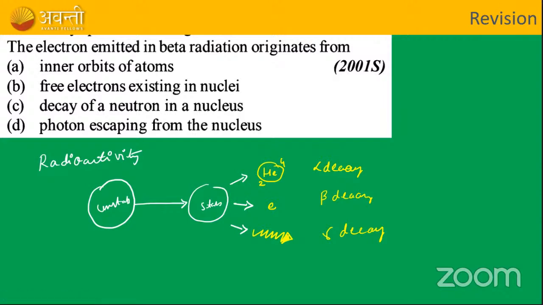The electron emitted in beta radiation originates from... will it come from the inner orbit, or from free electrons existing in the nuclei, or from a neutron in the nuclei, or from a photon? You can guess it very easily here. Come on students, give it a try. I told you the nuclei is going to emit the particles, right?